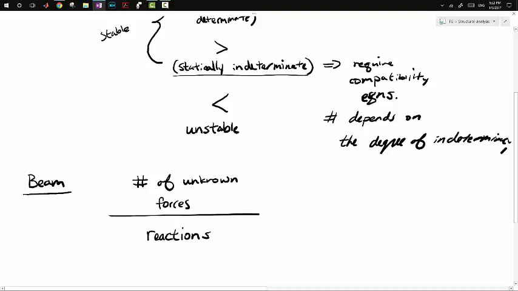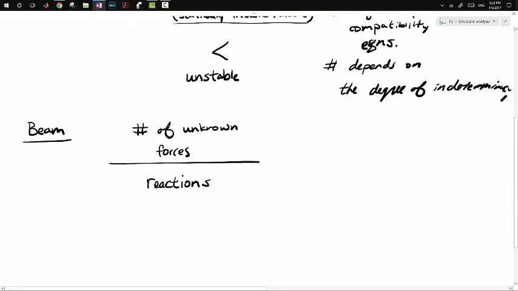So if you have a pin reaction, you have a reaction in the y and a reaction in the x. So reaction x, reaction y. So that's 2. If you have a roller support, as you would recall, this only has a reaction in the y, so this would just be 1 reaction.